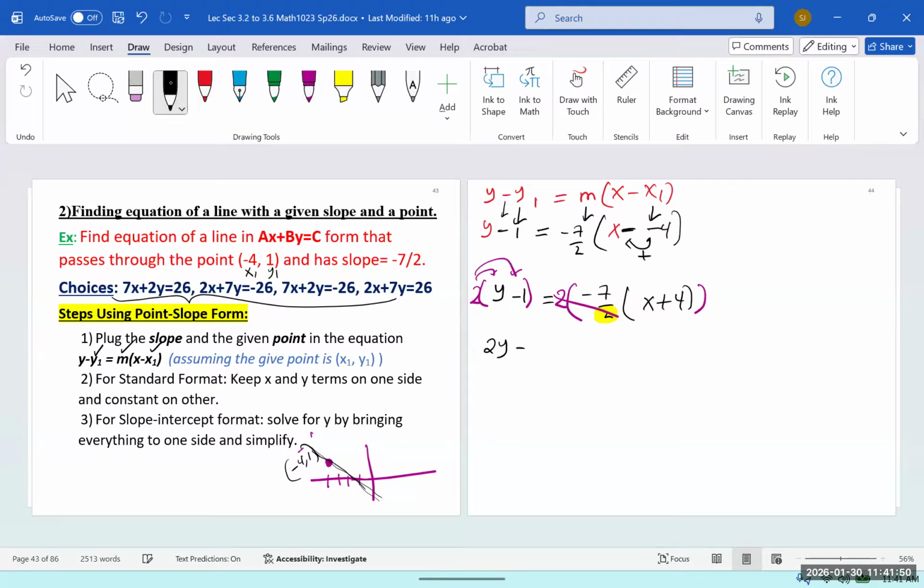We get 2y minus 2 equals negative 7 times x plus 4. Now we have no problem, so we distribute: 2y minus 2 equals negative 7x minus 28.